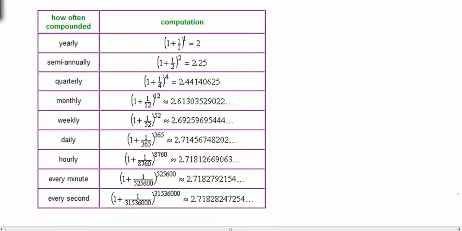All right, I wanted to finish up with one last thing here. We started out looking at the formula for interest, and let me write down that formula again. We had A equals P times 1 plus r over n, raised to the nt power.